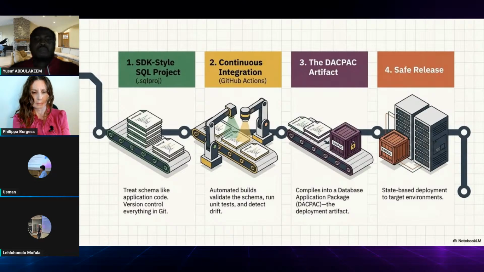Then the automated builds validate the schema, run unit tests, and detect drift. And the DACPAC artifacts compile into the database application package. That is the deployment artifact. Then the state-based deployment to the target environment, which promotes safe release.